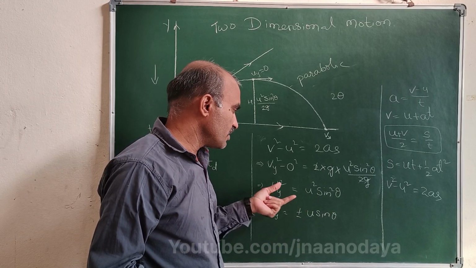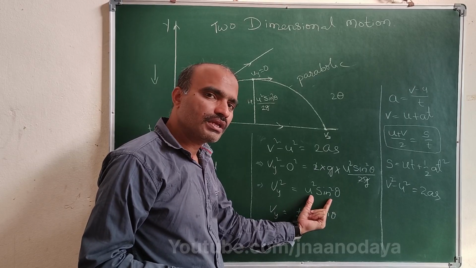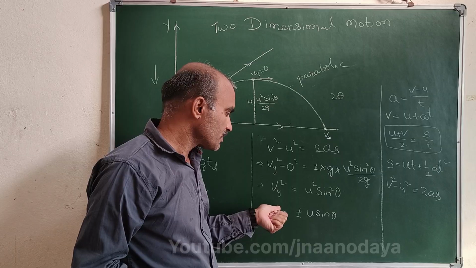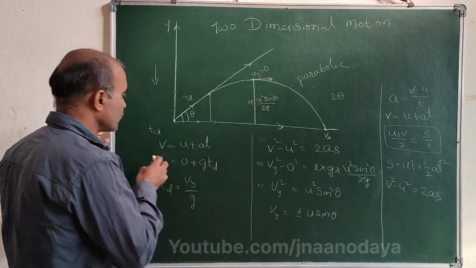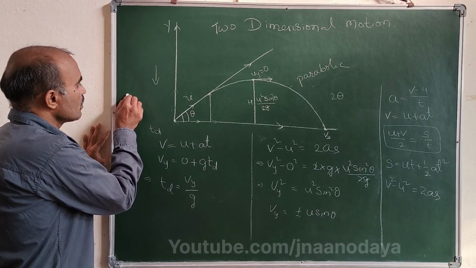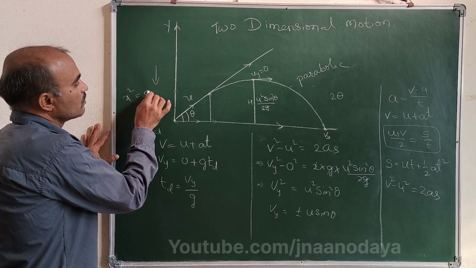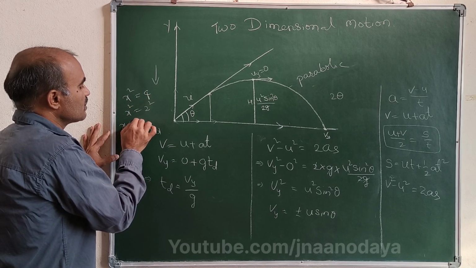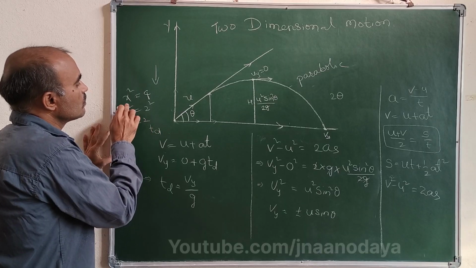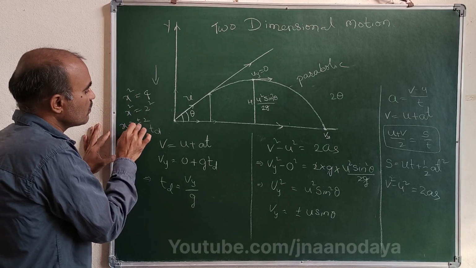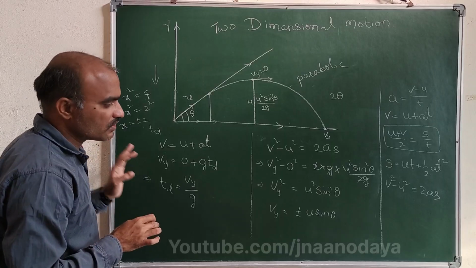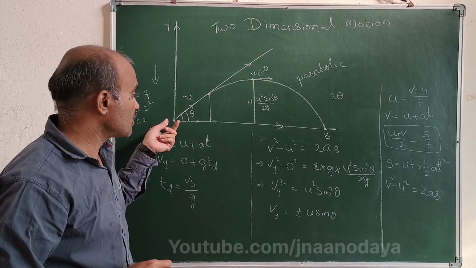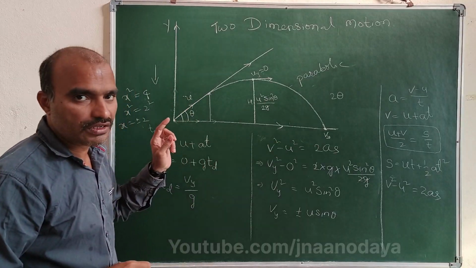But even if the value of u sin theta is negative, on squaring it you will get a positive one, isn't it? For example, if x square is equal to 4, x square is equal to 2 square, but we have to take x as plus or minus 2. If x value is plus 2, x square value is 4. If x value is minus 2, x square value is also 4 only. That is why vy is equal to plus or minus u sin theta, nothing but the magnitude of the vertical component of velocity at both the points will be the same.